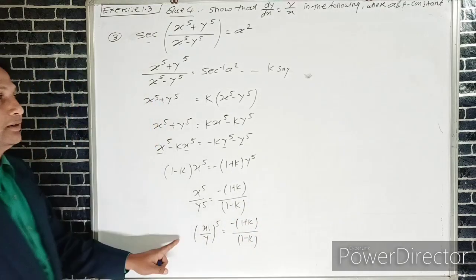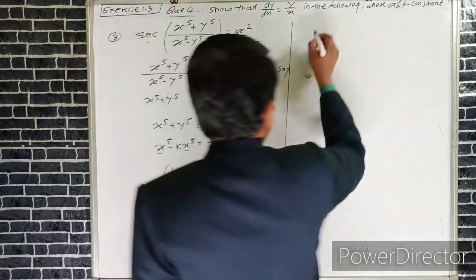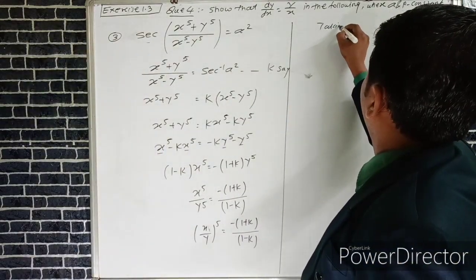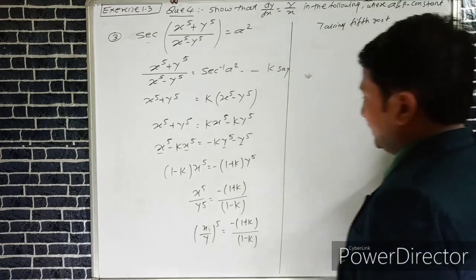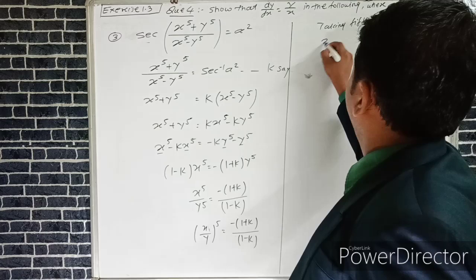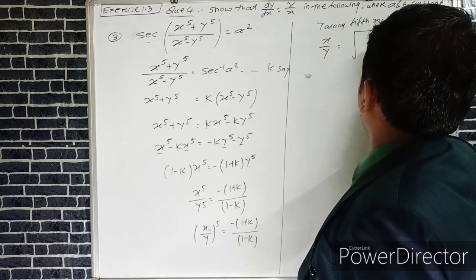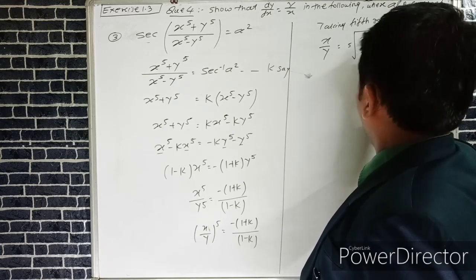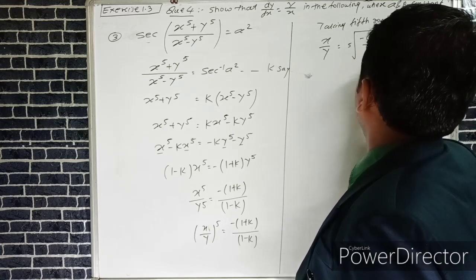Taking the fifth root, we can write x upon y is equal to the fifth root of minus 1 plus k upon 1 minus k.